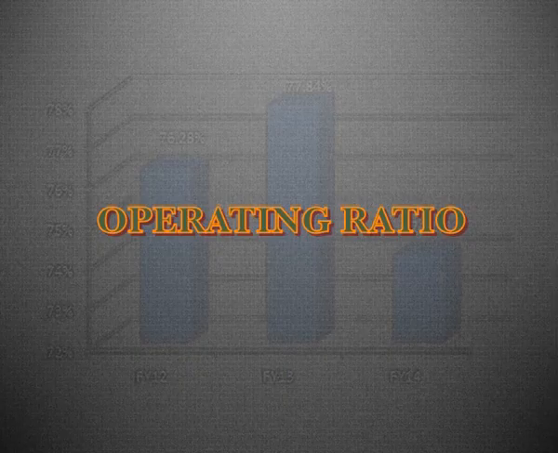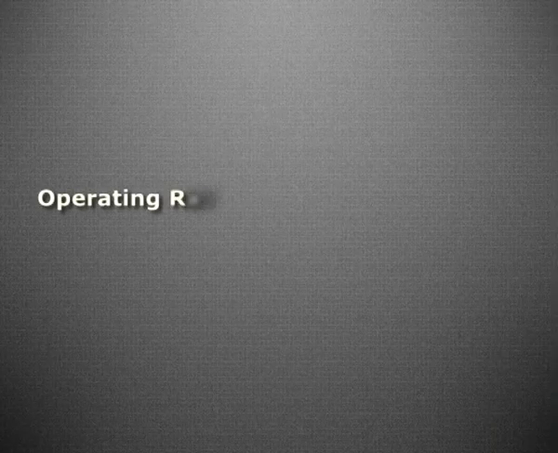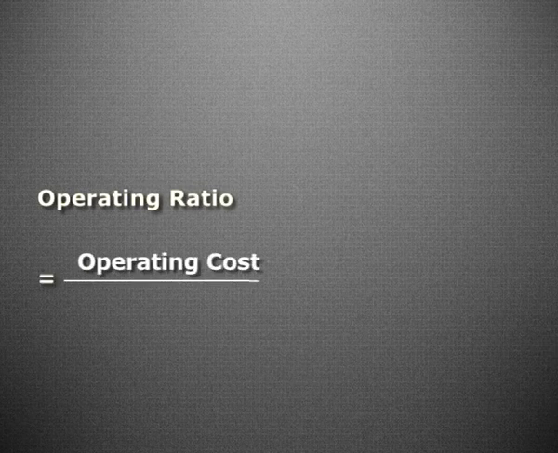Operating ratio. This ratio measures the relationship between the costs of goods sold plus other operating expenses to net sales. Operating ratio may be calculated as operating ratio is equals to operating cost divided by net sales into 100.